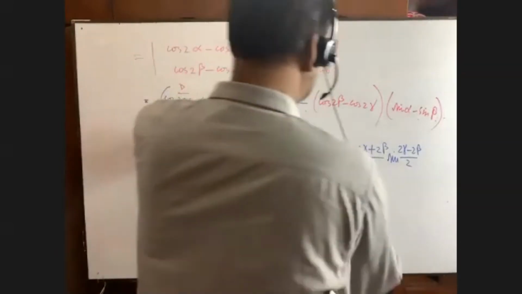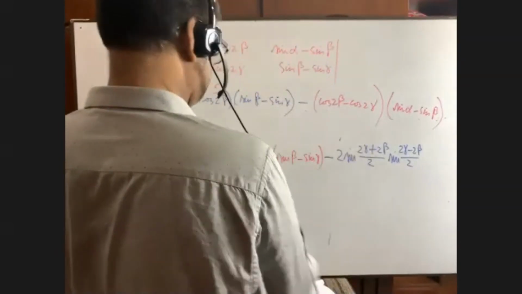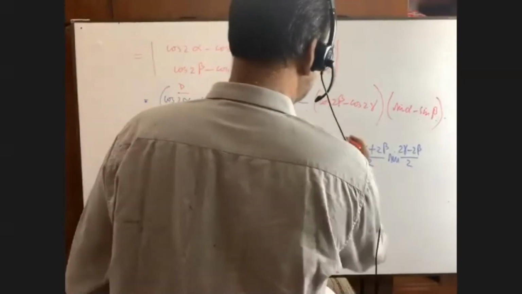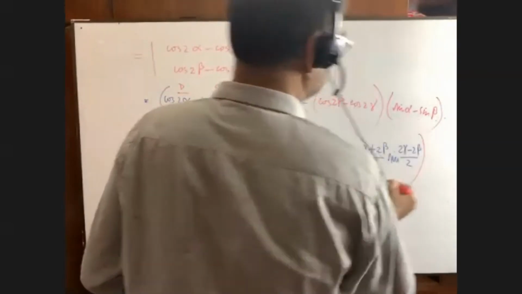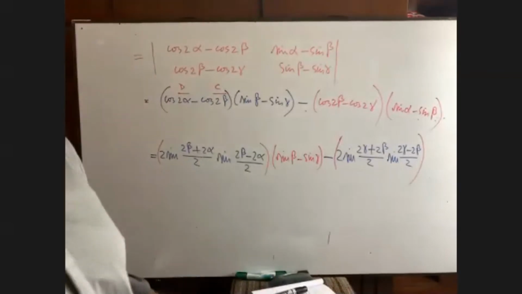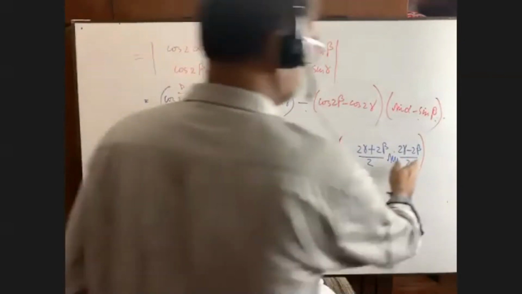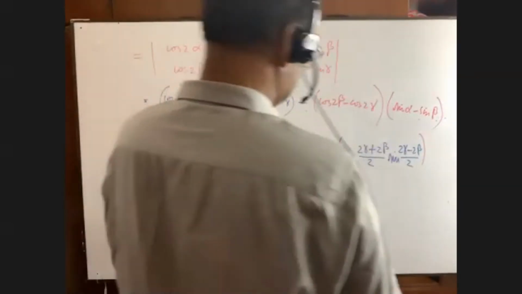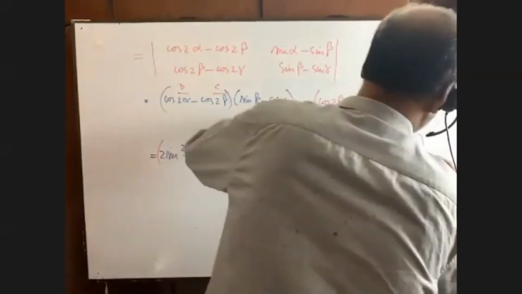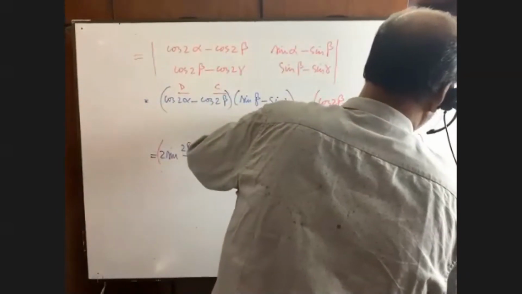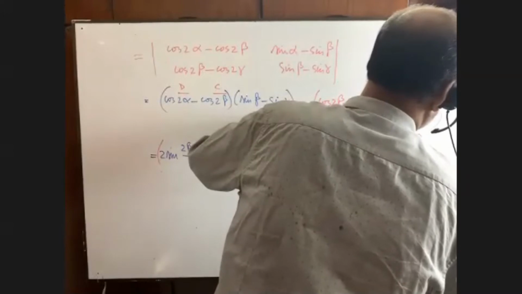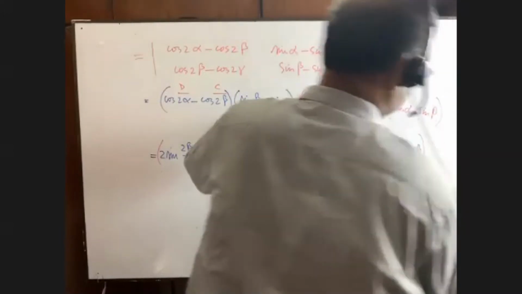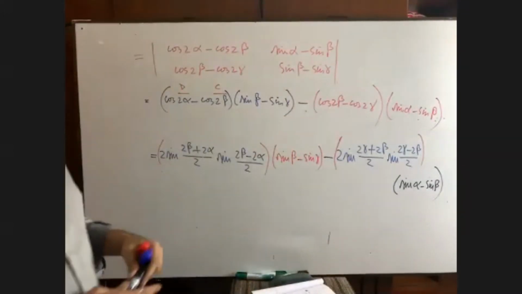Into here we can give a bracket sign or we cannot, it is immaterial. Into, can you see the board? Into sine alpha minus sine beta.